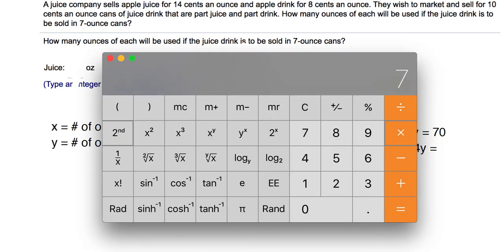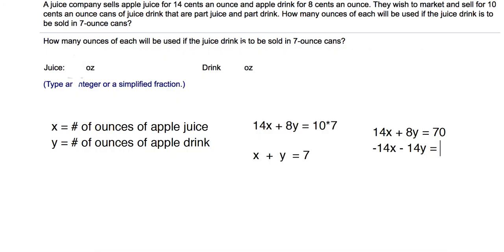I got to figure out what 7 times negative 14 is. It's going to be negative 98. So look, I multiplied the bottom equation by negative 14 so that my x's would cancel out when I add them together. 14x plus negative 14x makes nothing. 8y plus negative 14y makes negative 6y. And 70 plus negative 98 makes negative 28.